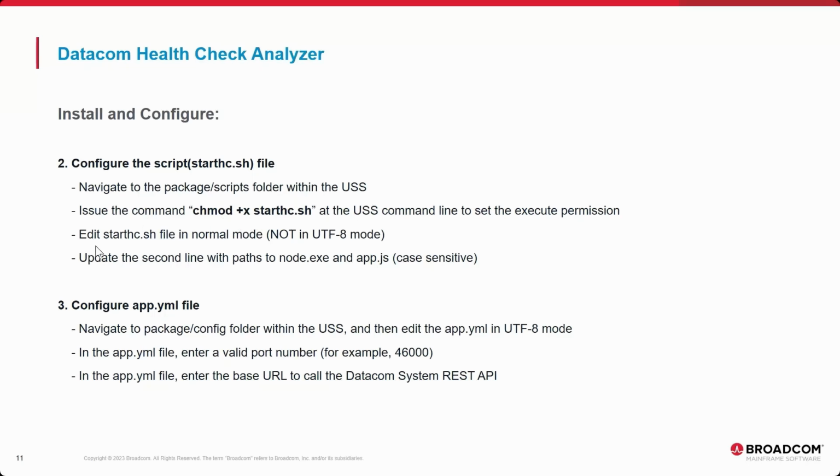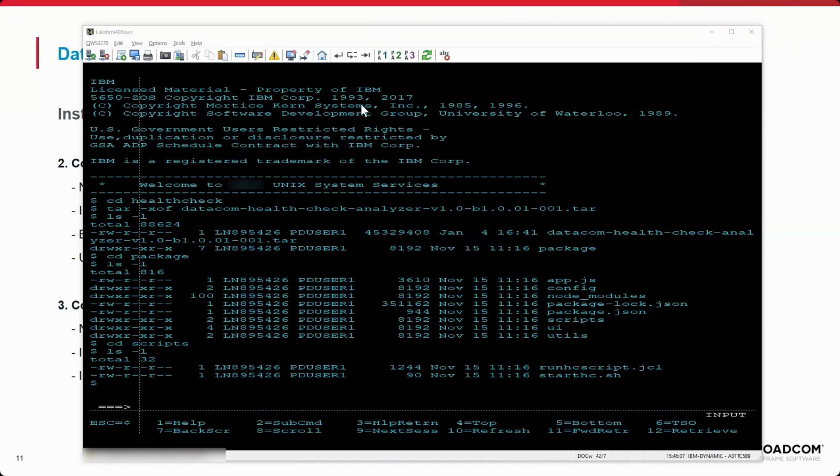Then we need to edit the start.hc.sh file in normal mode, not in UTF-8 mode. Then we need to update the second line with paths to node.exe within USS and node app.js paths. These are case sensitive, so we need to be careful on this.